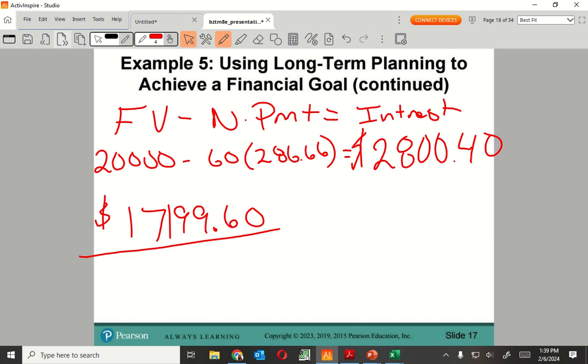My money made money for me. My money made $2,800 for me. So I didn't have to actually cough up all $20,000. I had an investment, and my investment made the money for me. So it's nice that you don't have to come up with all of it, but still, you have to do some investing for that to happen.